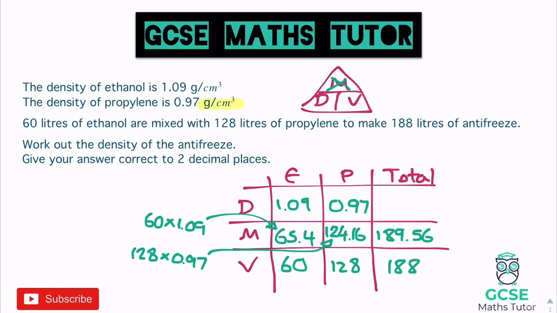So having a look at what we've got so far, we've got a mass of 189.56 grams and we have an amount of litres, 188 litres, okay? Now this actually wants us to work out the density of the antifreeze. Now the previous ones were given to us in centimetre cubed, and the number down the bottom is in litres. Now, because this is all going to be kept in proportion, we don't actually have to worry about converting between the centimetre cubed and the litres, okay?